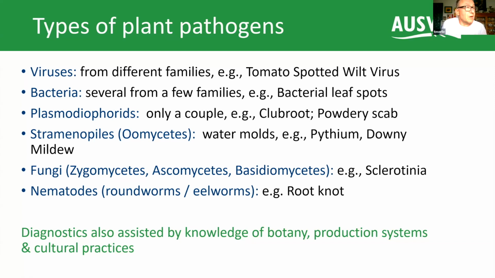A lot of the viruses that you might see on potatoes are spread by aphids. And then there are others spread by other things, sometimes transmitted just mechanically by humans, workers, machinery and tools.